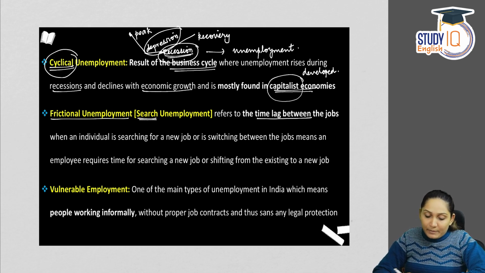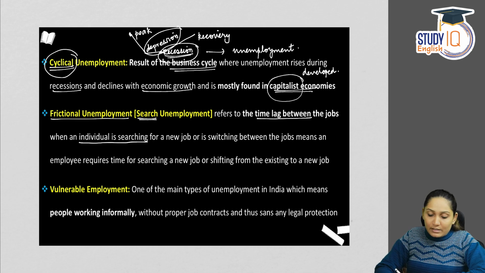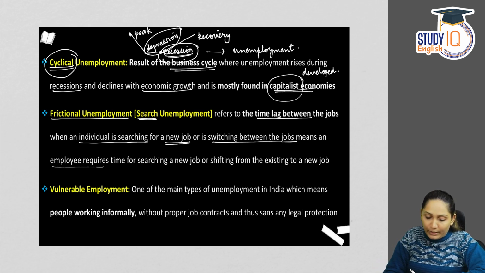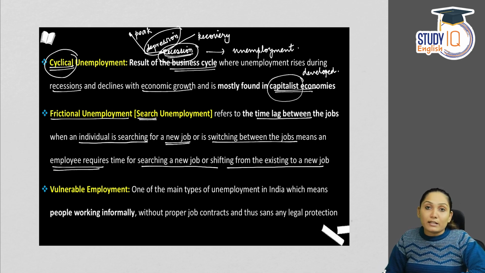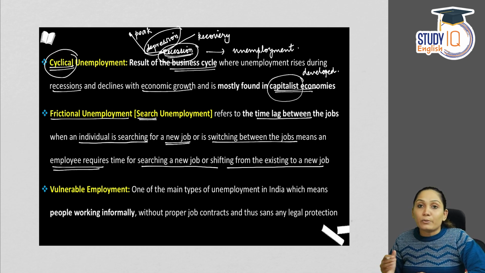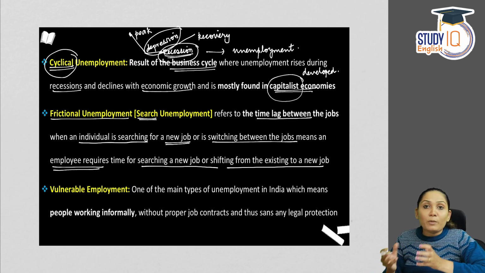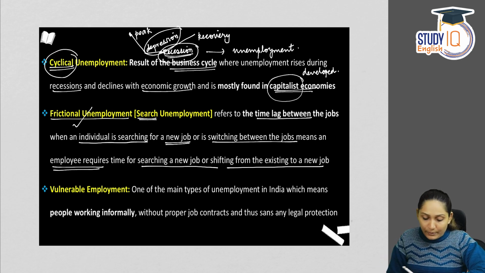It is a time lag between jobs. When an individual is searching for a new job or is switching between the jobs, an employee requires time for searching a new job or shifting from the existing to a new job. When a person is shifting from the existing job to a new job, for a small period of time the person might be unemployed, and this is called as frictional unemployment.